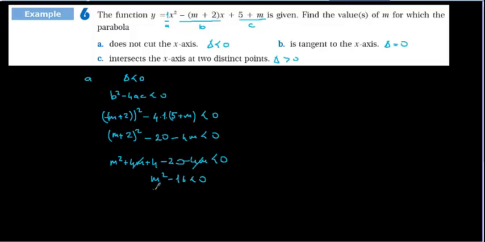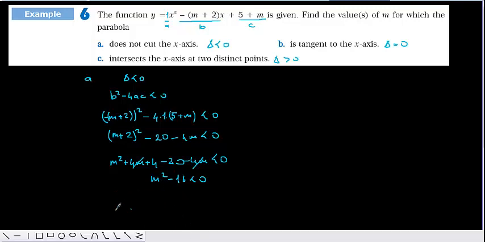Because this is a quadratic inequality, I need to make a table for it, and firstly I need to find the roots: m squared minus 16 is equal to 0, m squared is equal to 16, m is equal to plus or minus root of 16, which is plus or minus 4.